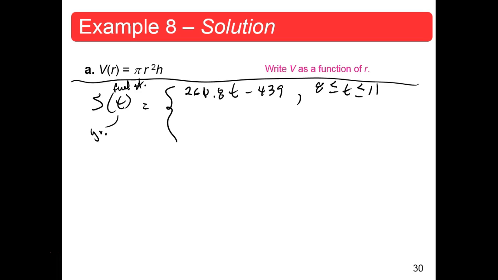Then after that, the rate of increase slows, but still positive: 151.2 times t plus 714. And again, that's sort of a meaningless y-intercept, but this is good only for years 12 less than or equal to t less than or equal to 15. So remember, this is 2008 to 2011, 2012 to 2015.